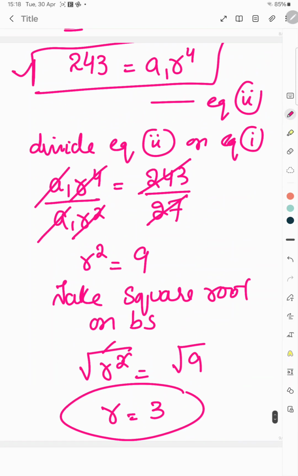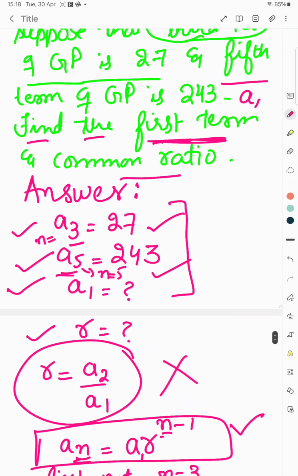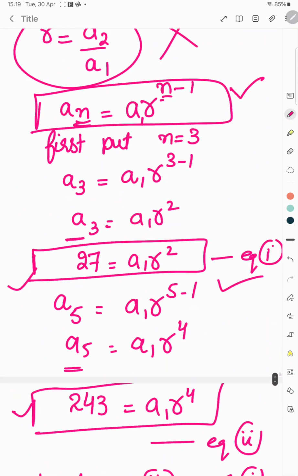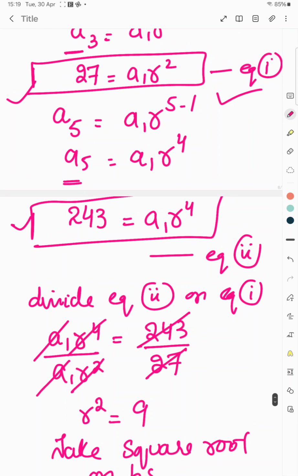Now the second thing they ask to find is, in the question, they ask to find the value of a1 and r. As I have found the value of r, now I will go on to find the value of a1. For finding the value of a1, as there are two equations, equation 2 and equation 1, you can put the value of r in either of these equations, you will get the same answer.